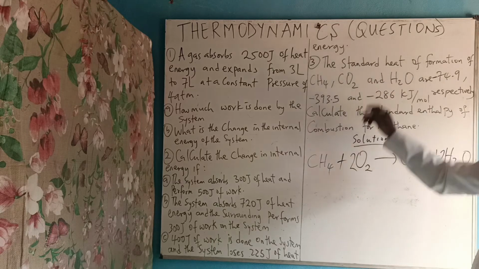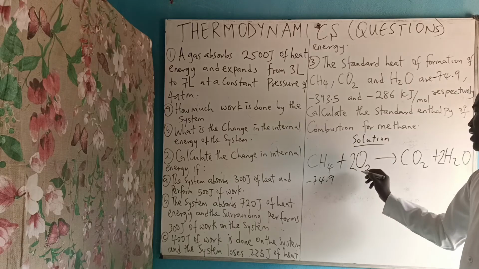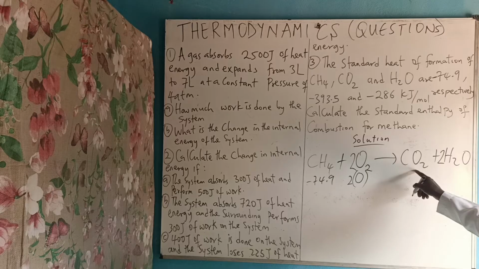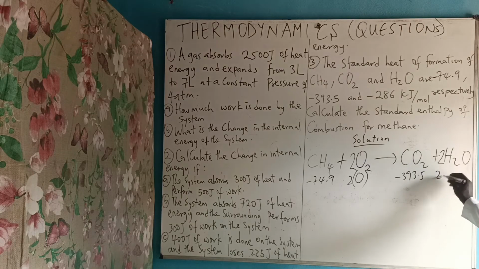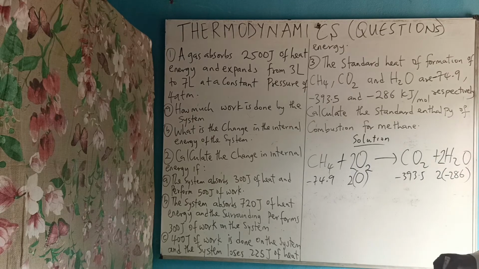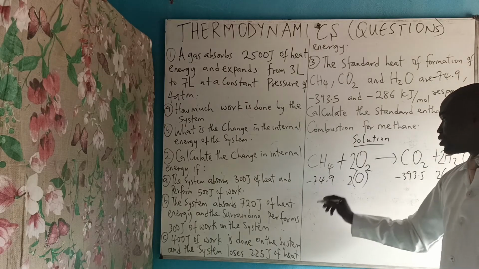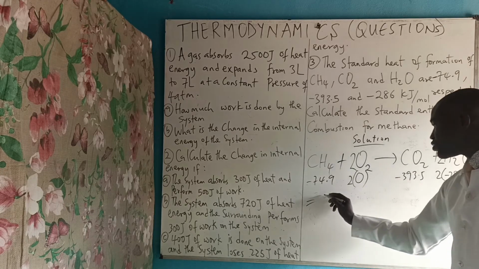Now, this is for methane, 1 times minus 74.9. Here is 0, so 2 times 0 because it is not given to us. Then this is minus 393.5, and this is 2 times minus 286.